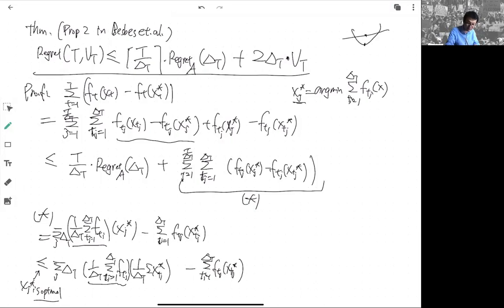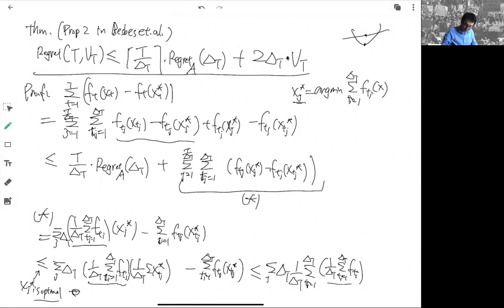By saying that the function evaluation at this point is smaller than the average of the function evaluations at every single location separately. Right, so we can further bound this with 1 over delta t, the sum over t_j from 1 to delta t, of f_t at x_{t_j} star.